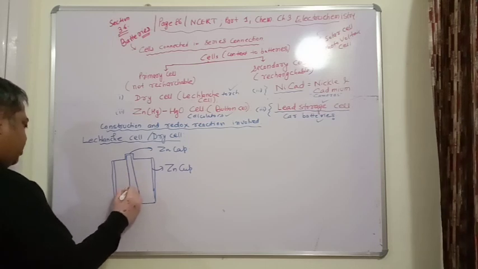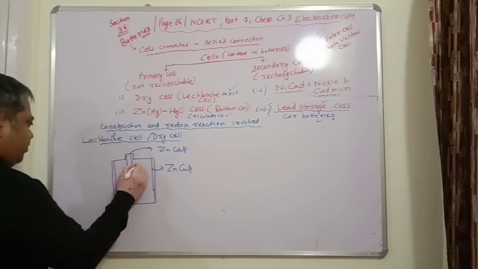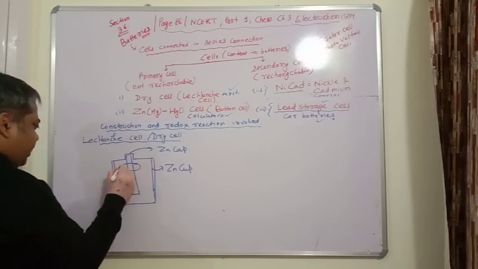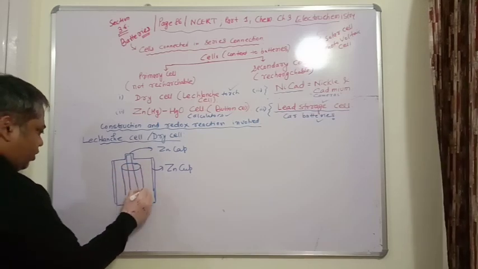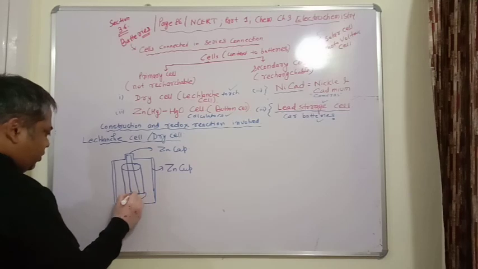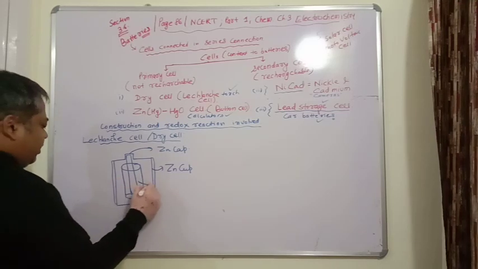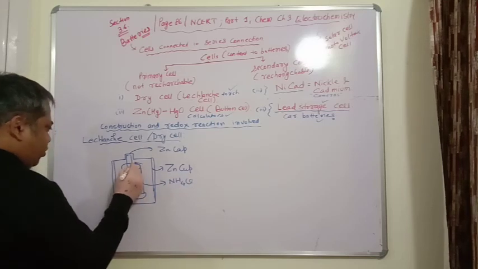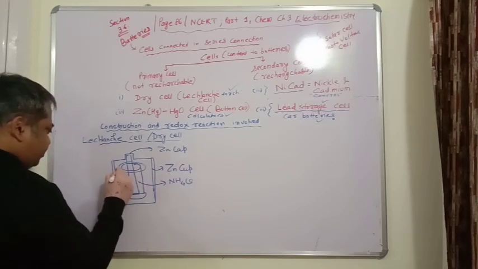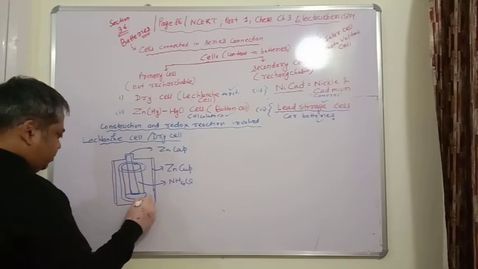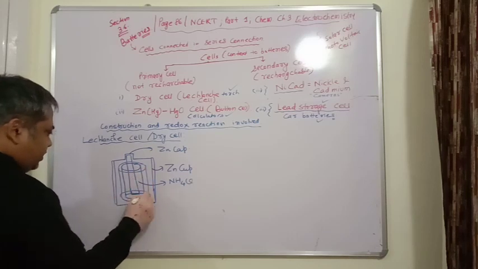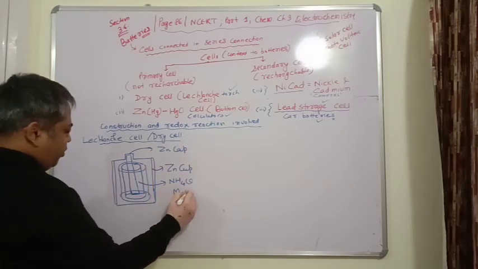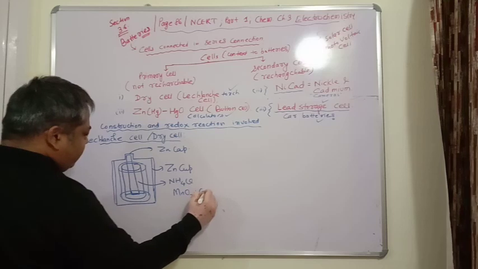This carbon electrode is surrounded with a cylindrical paper or cardboard which contains ammonium chloride, and one more concentric cylinder which contains MnO2 plus carbon black.